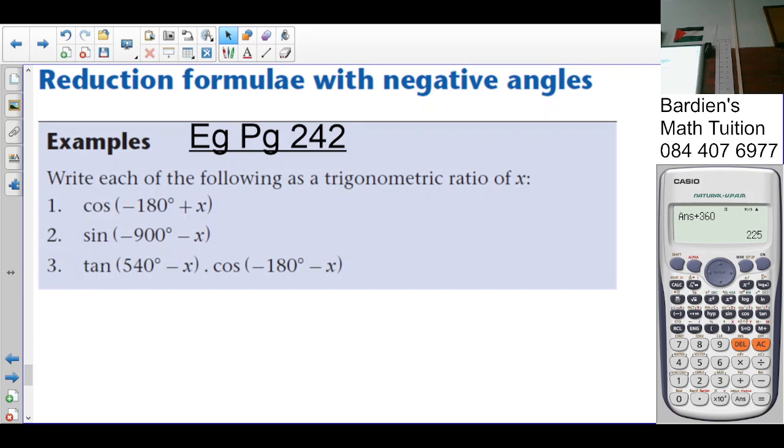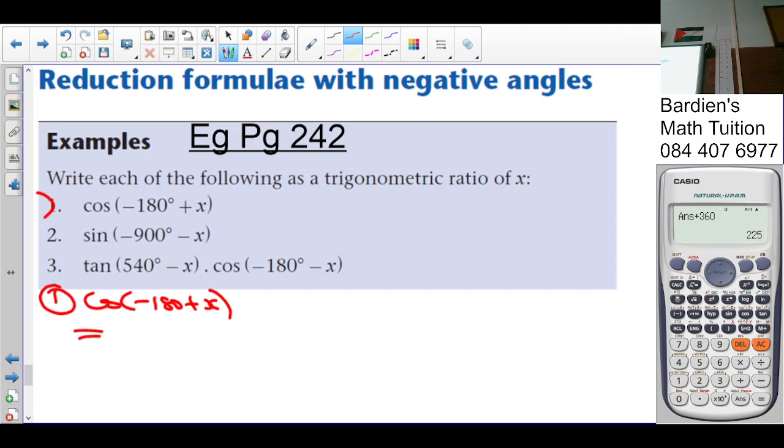So let's look at the first one. Number 1. This question is cos of negative 180 plus x. So what do you do? You add 360. What do we get? 180.